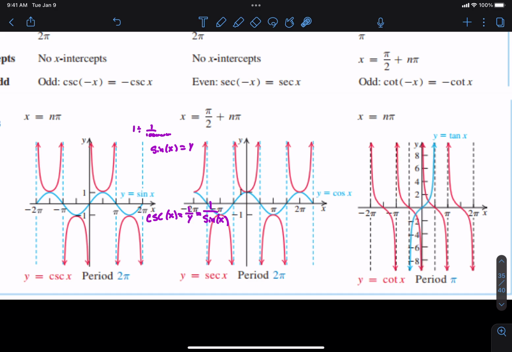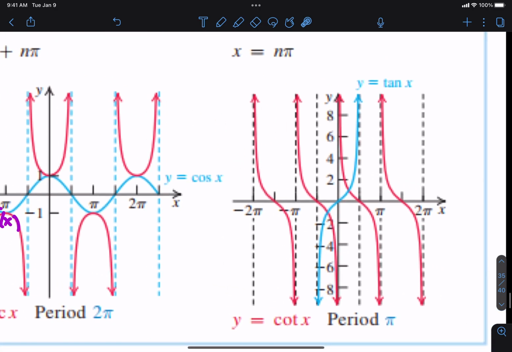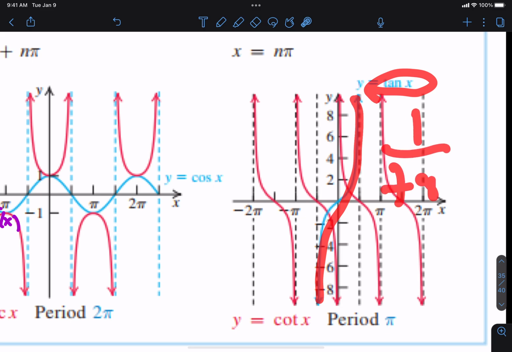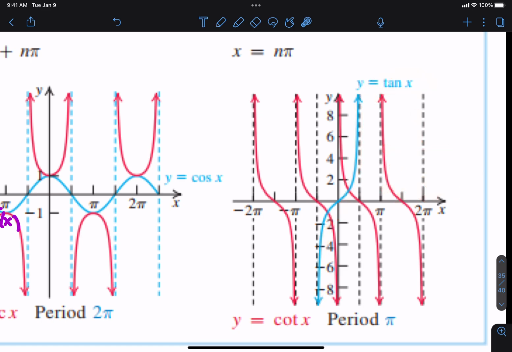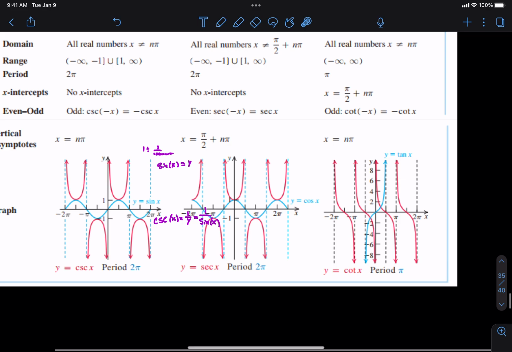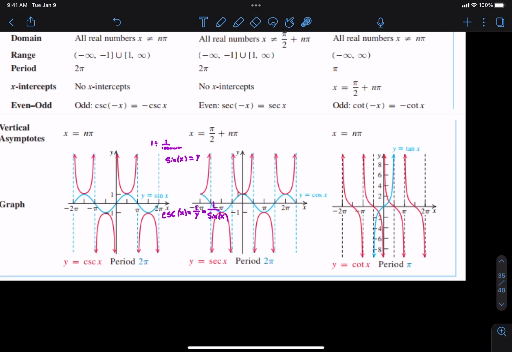Okay? And it's going to look a little bit different. But just generally, you can memorize the general shape of these guys, and then you can remember, well, I know what the graph of tangent looks like. I can graph tangent, and if I can graph tangent, then I can easily graph 1 over tangent. Well, not easily, but I can do it. I believe that you can do it. So the ones that you should spend a lot of effort memorizing are the graphs of sine and cosine and tangent.